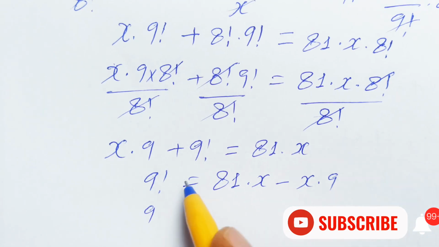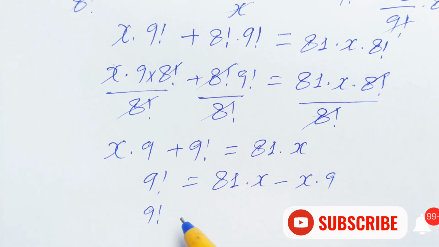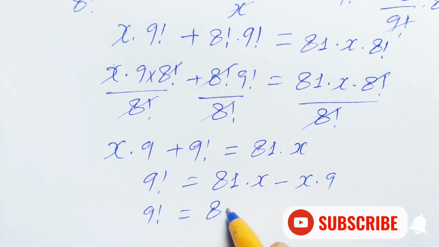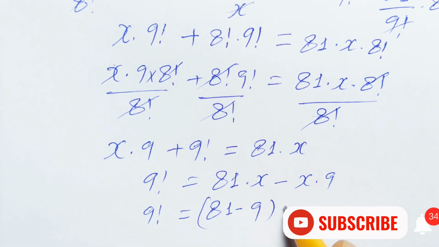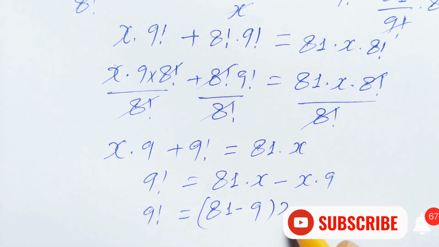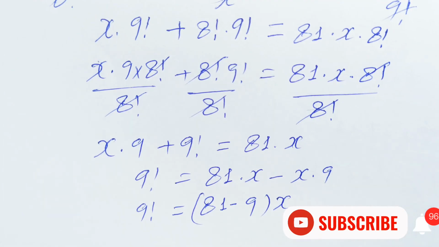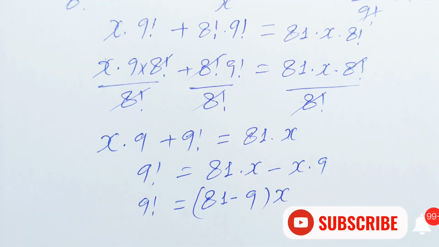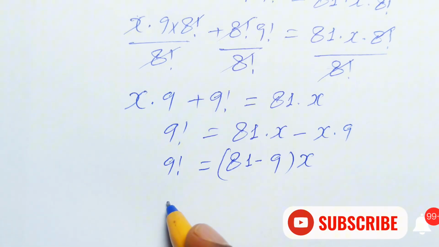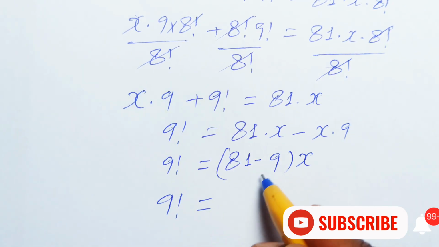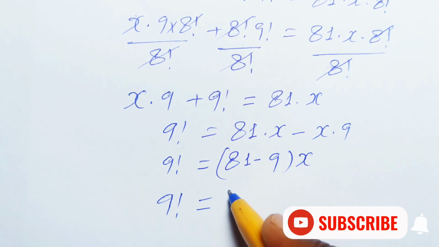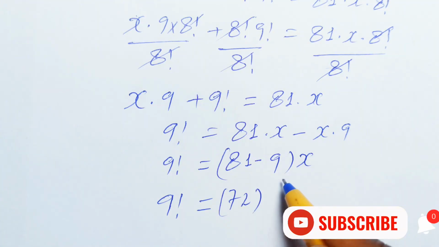Here is 9 factorial, which equals 81 minus 9, times x, since we have a common x. So 9 factorial equals 72 times x.